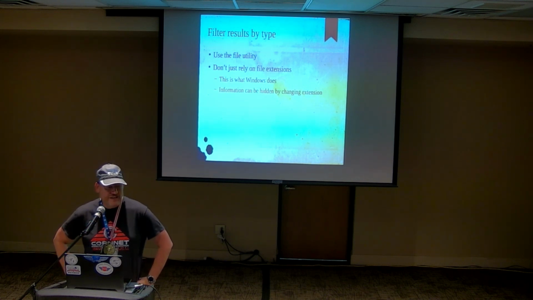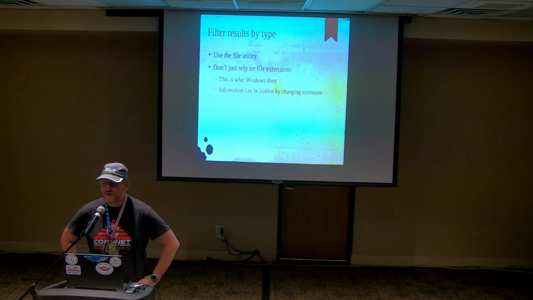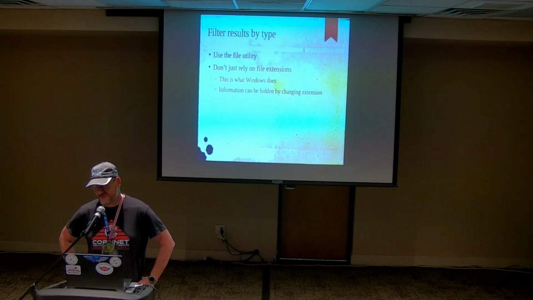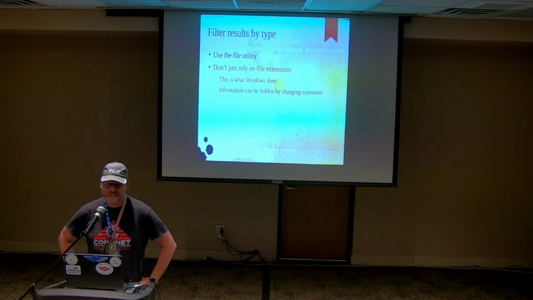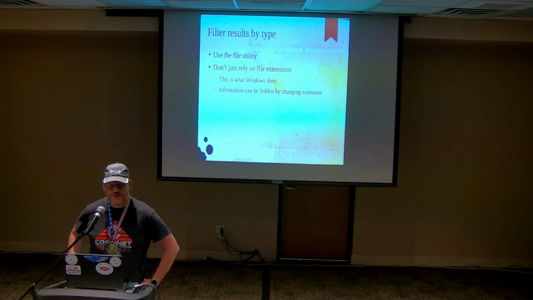Well, maybe I care about what kinds of files. I might care about, hey, did they create an executable or access an executable? Do they create a picture file or a video file or an audio file? So how do I find that out?